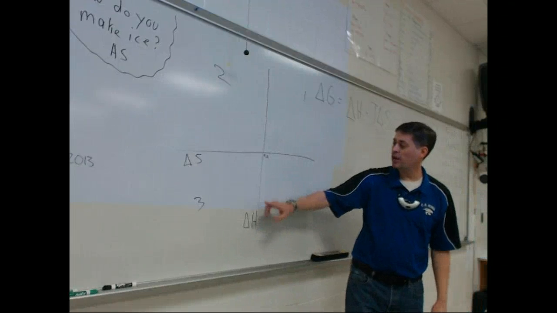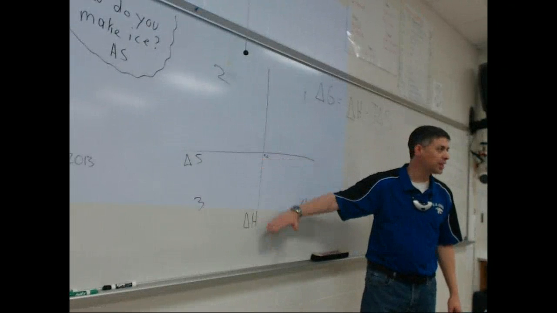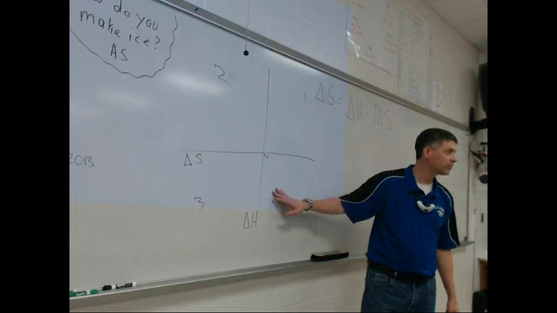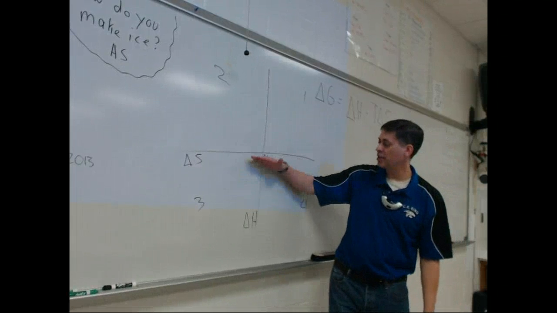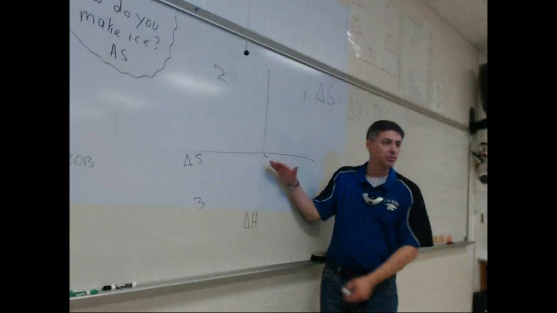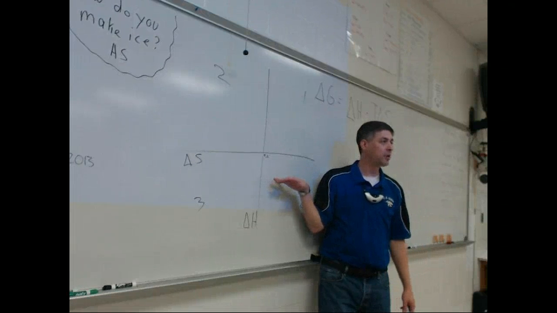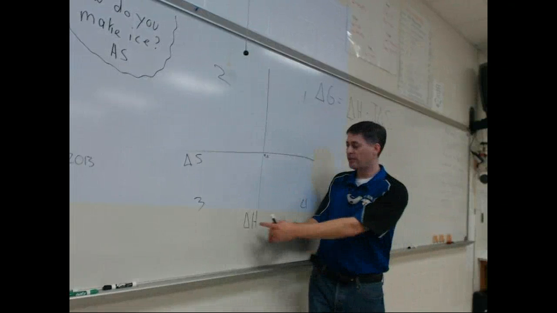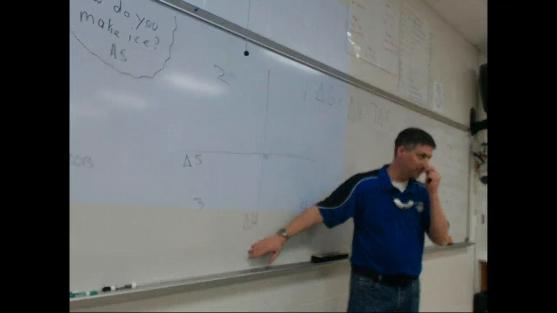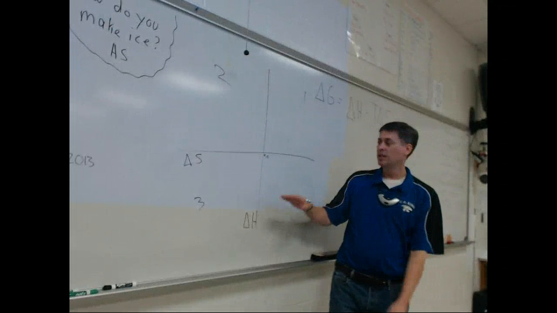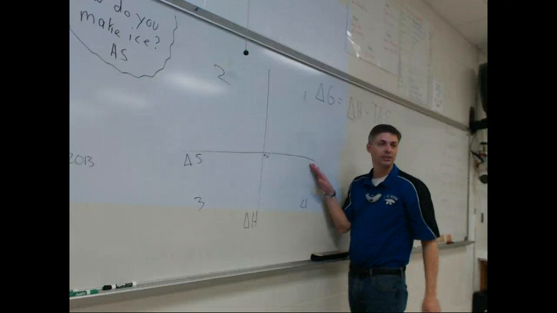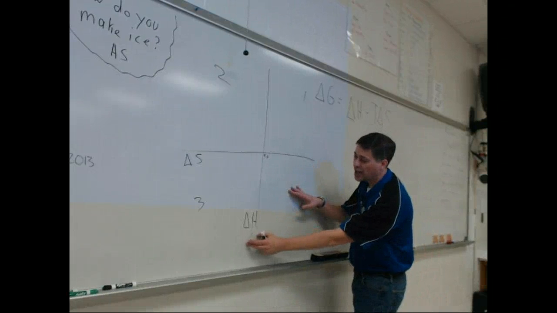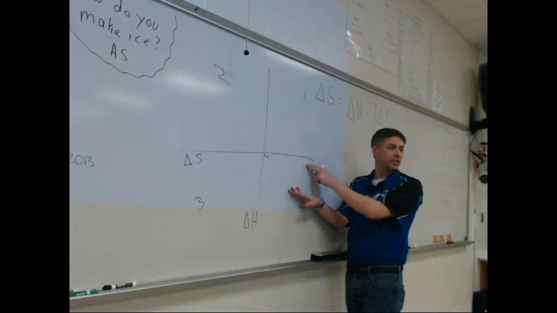So down here, delta H is negative, right? Anything that would have a negative value for delta H would tend to be spontaneous. So in this quadrant, delta H is negative and delta S is positive.